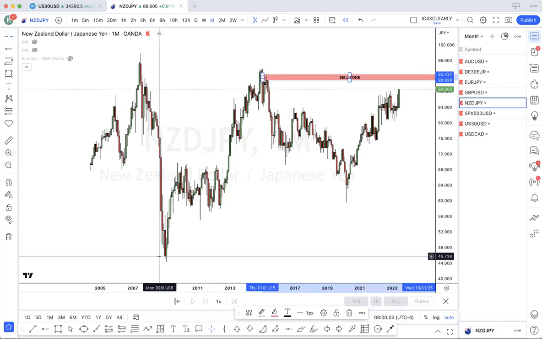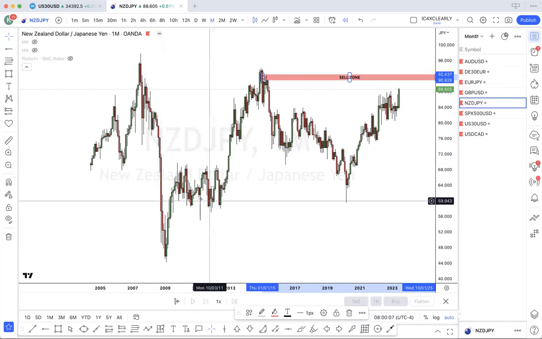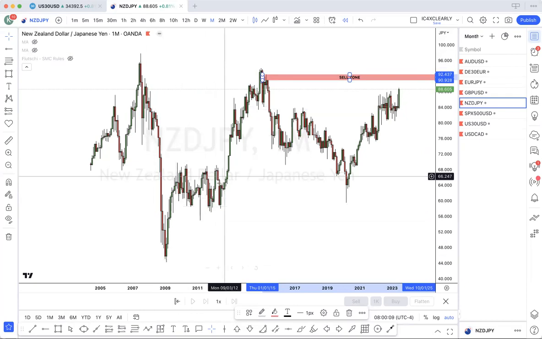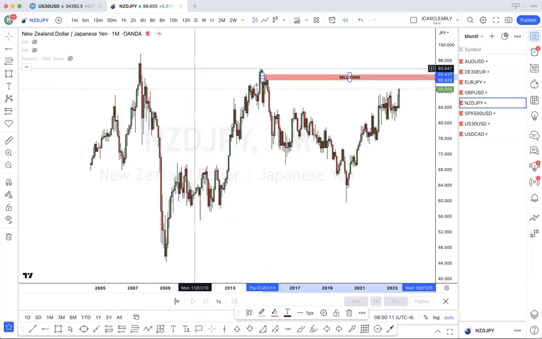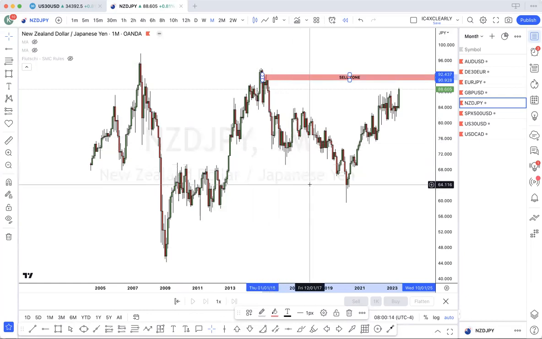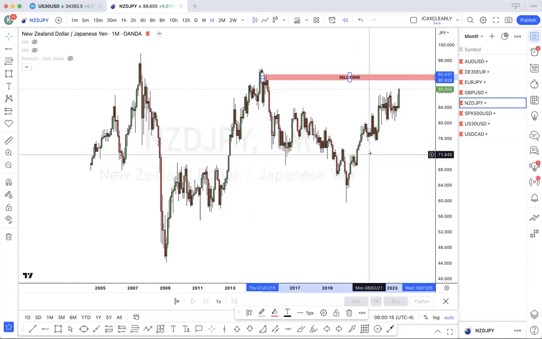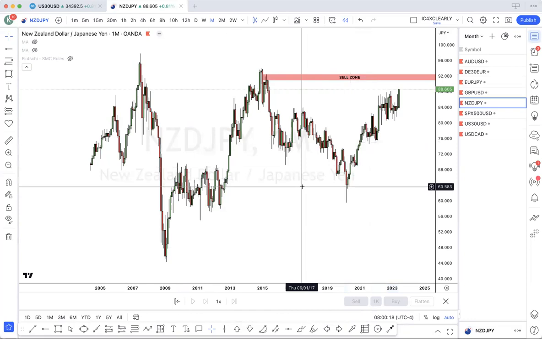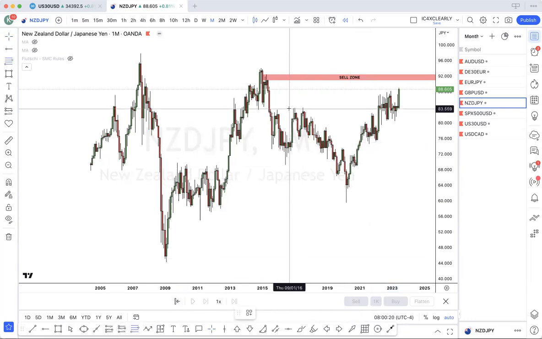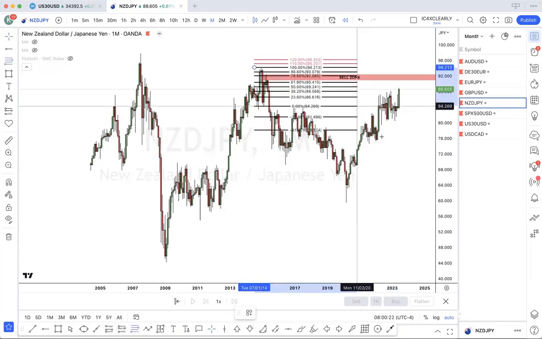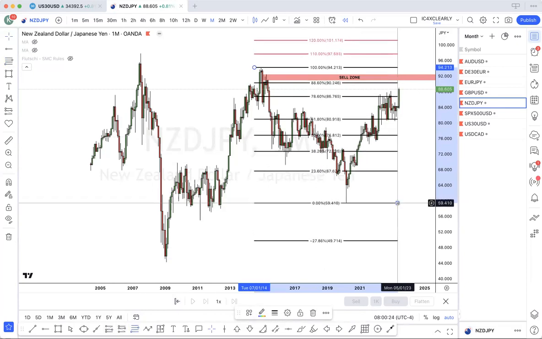This is the low. So this is the high, this is the low. Price pushed here, didn't break the high, started breaking structure to the downside. So this could be coming back to, it's currently at the 78. Could be pushing up to the 88.